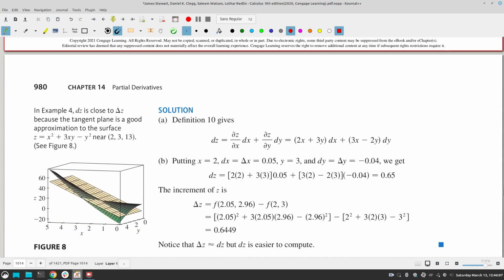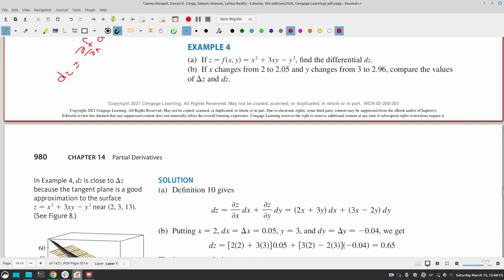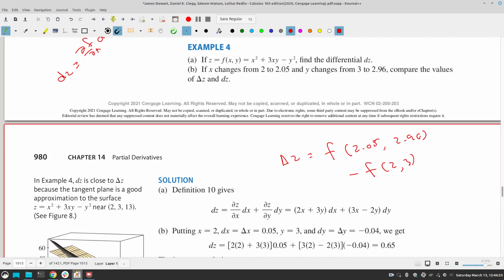Delta z is of course the exact value. Delta z is basically f of 2.05, 2.96 minus f of 2, 3. This is the exact change.